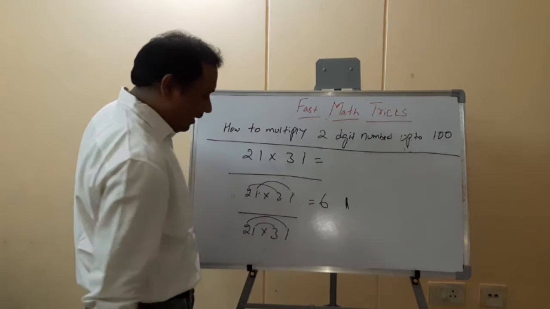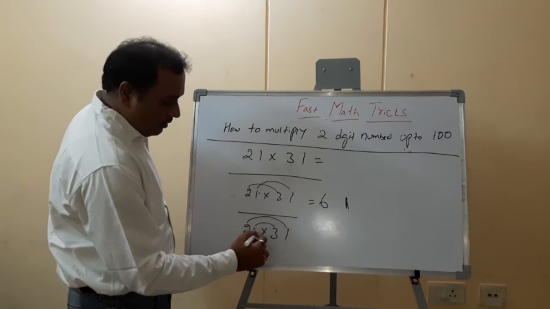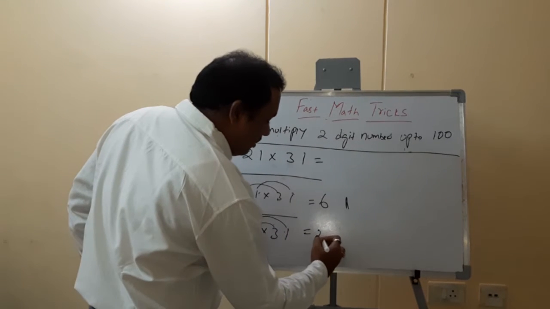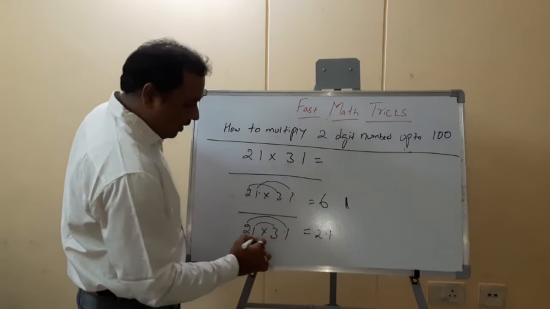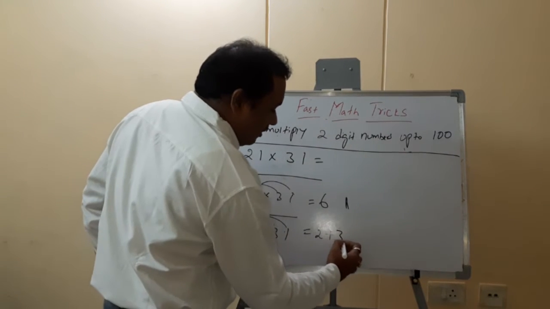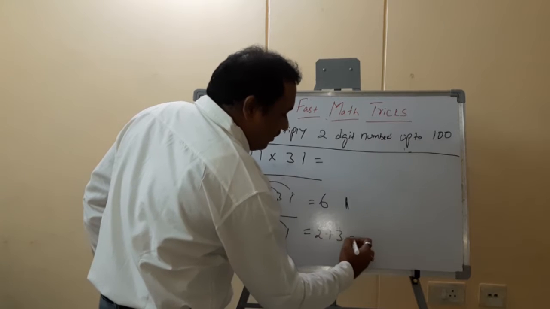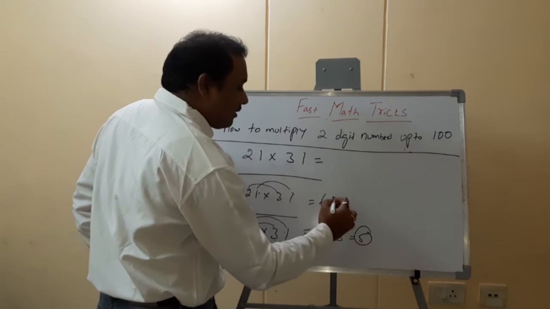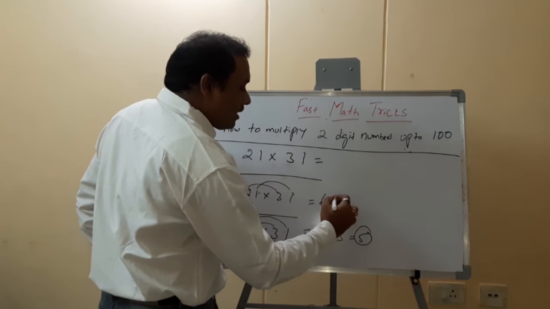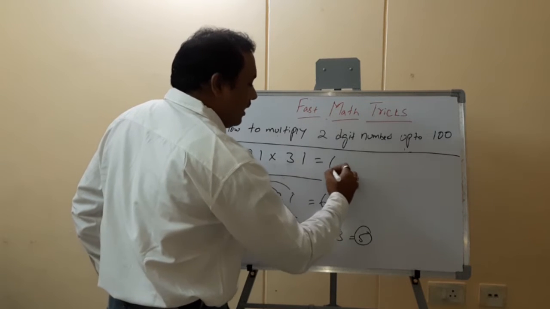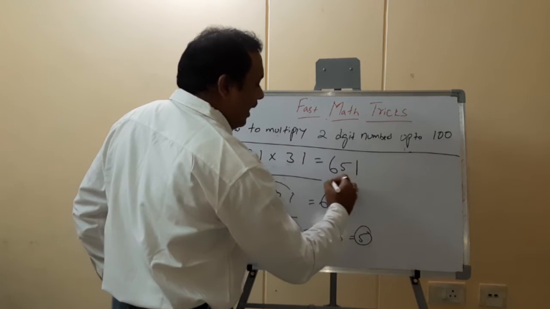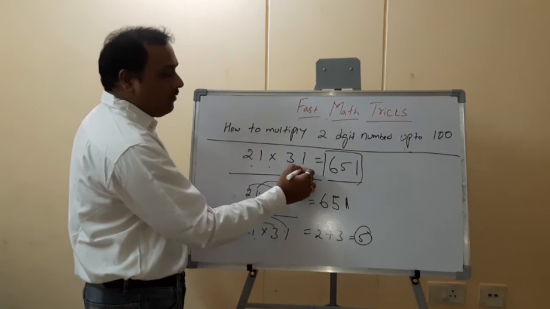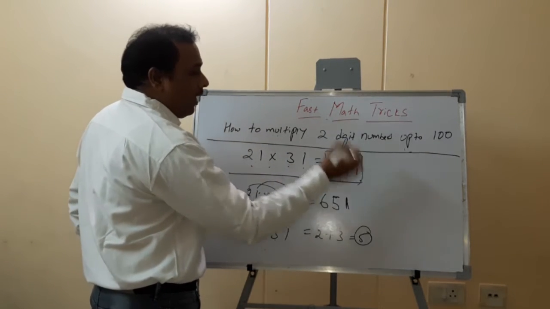So we are going to write like this. Next, 2 1s are 2 plus 3 1s are 3. So 3 plus 2 will be 5, and now we write this 5 here. So what is our answer? It will be 651. So 21 into 31 will be 651.